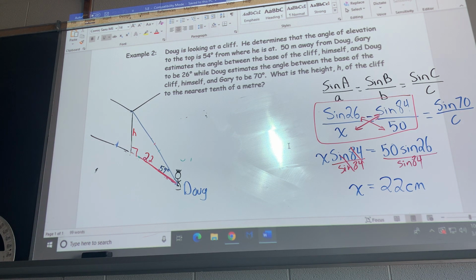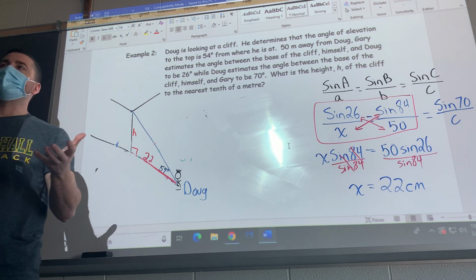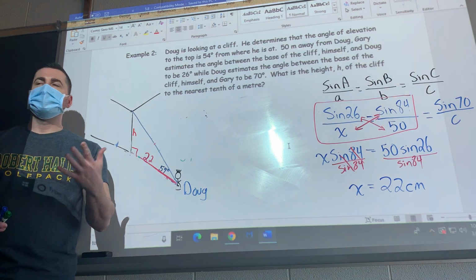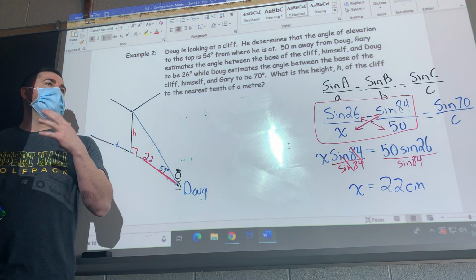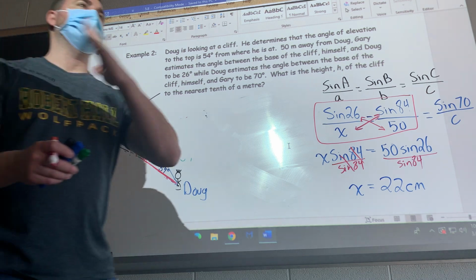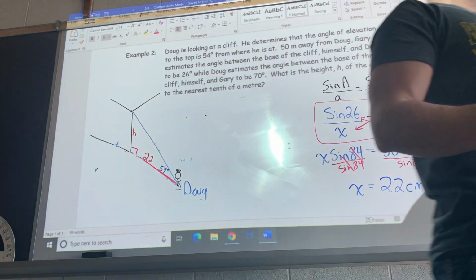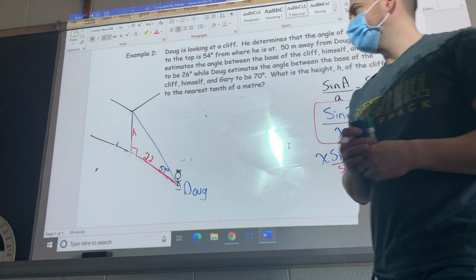Okay, and assume that the cliff is 90 degrees. So I said, unless it specifies otherwise, a tree, a cliff, a pole, a building is 90 degrees, unless they say it's leaning. So assume it's all 90 degrees unless they mention otherwise.